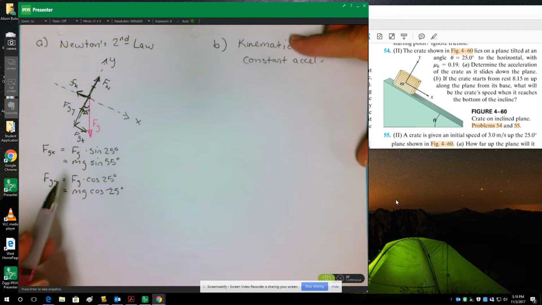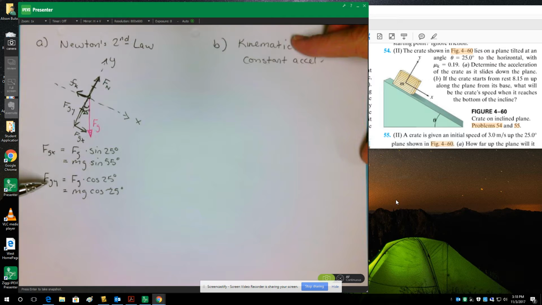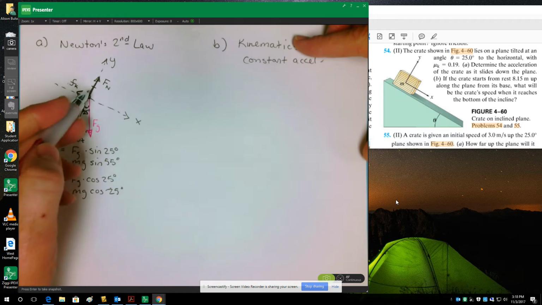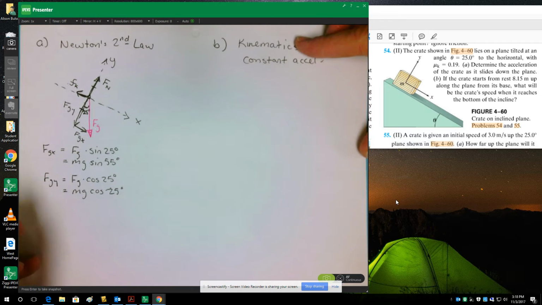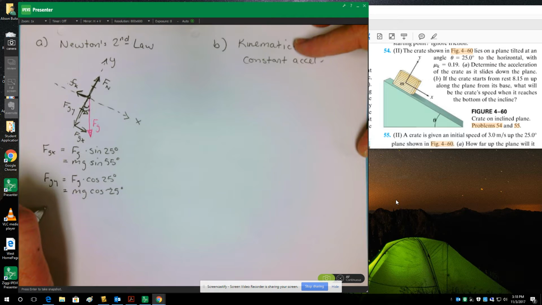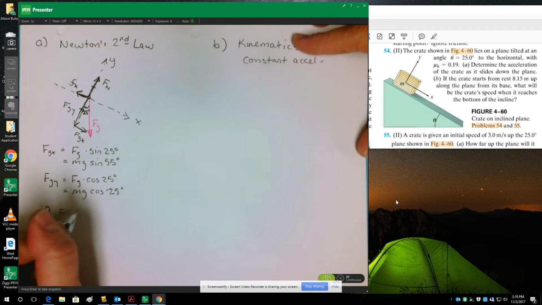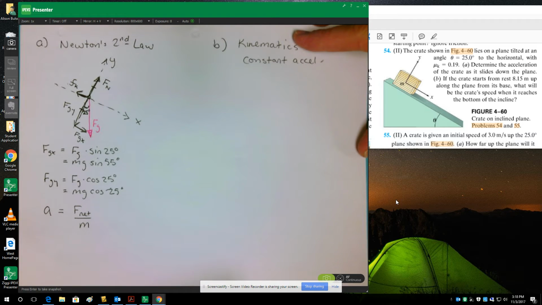For this problem, we really need both the x and y components of the pull of gravity because we'll be calculating the force of kinetic friction, which is equal to mu sub k times normal force. And we expect the normal force to be in balance with the y component of gravity. So the acceleration of the box is equal to the net force on the box divided by mass. There's our statement of Newton's second law.